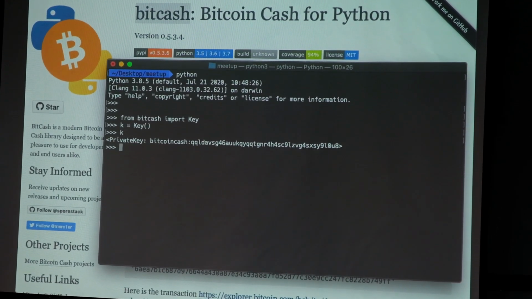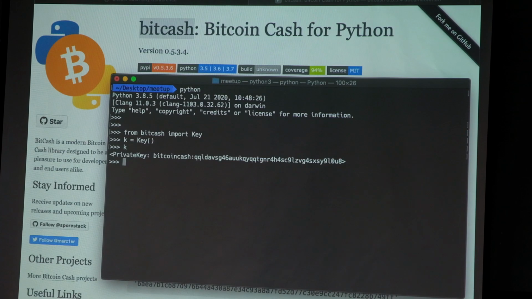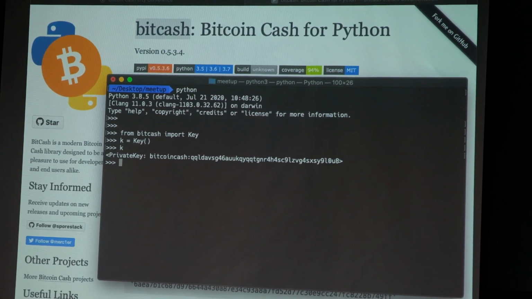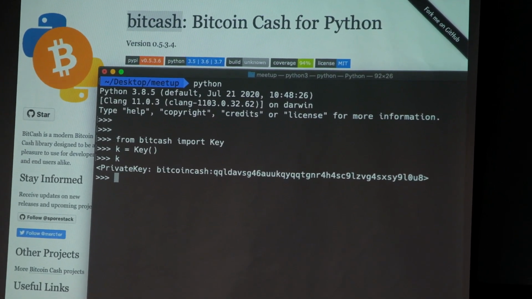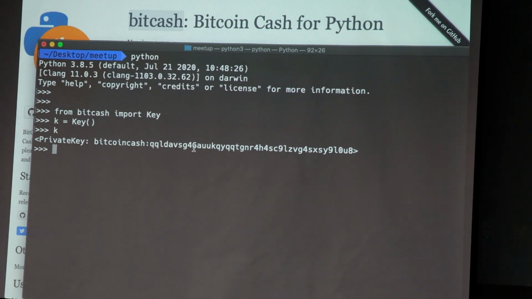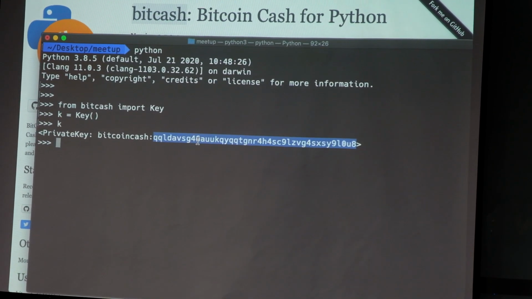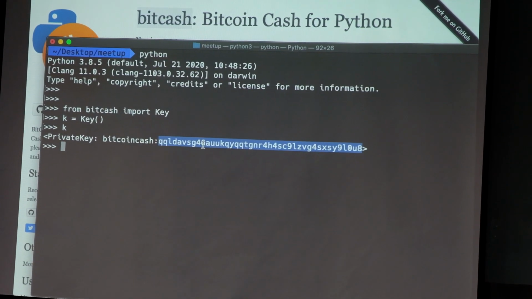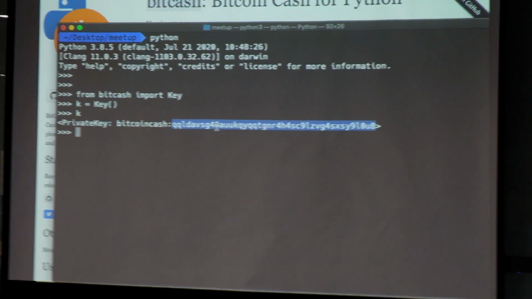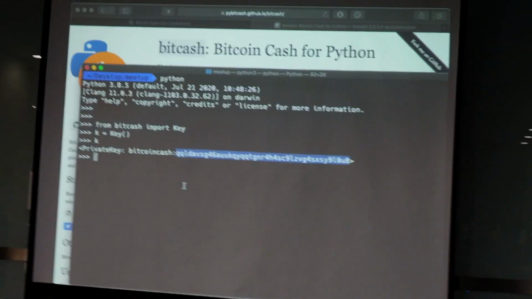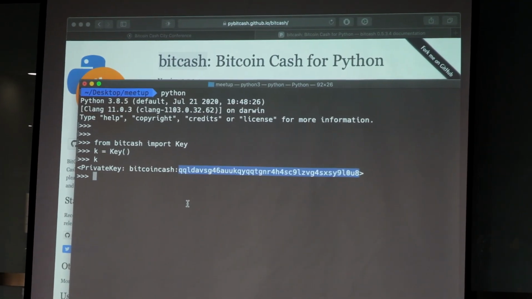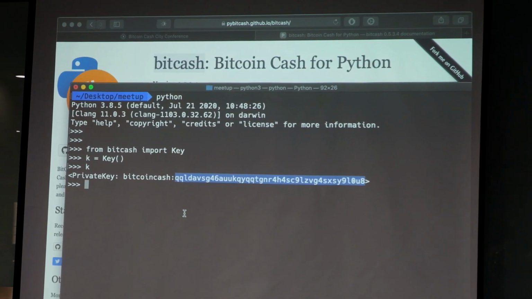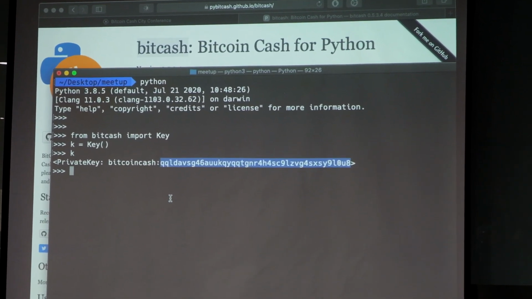And from the public key, you can derive the address. I will make this a little bigger. So this is basically a Bitcoin Cash address. Could be a Bitcoin address, looks a little bit different, but it's basically the same thing. What I will do is send money to it right now, so we can test it.